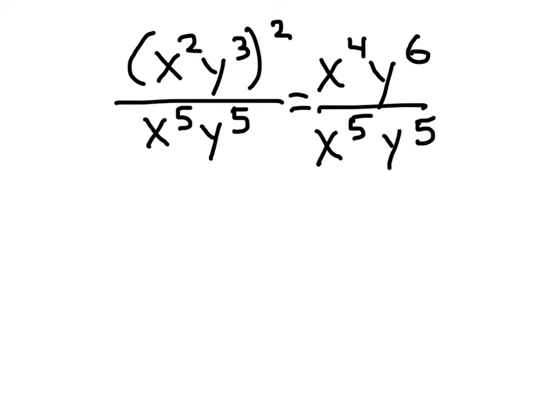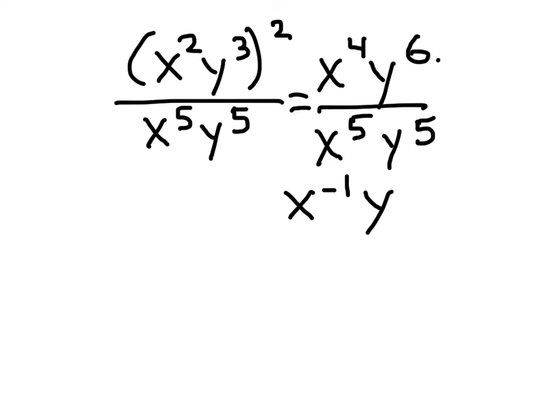Now we're dividing, so subtract the exponents of the numbers that have the same base. So x to the 4th divided by x to the 5th would equal x to the minus 1. And then y to the 6th minus y to the 5th equals y to the positive 1, or just y.